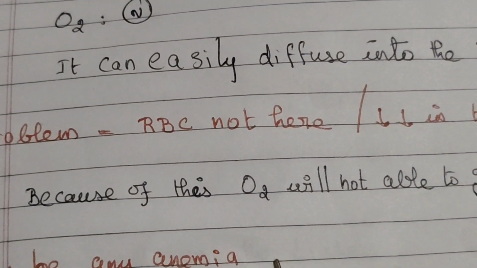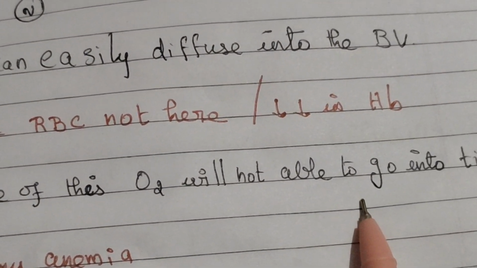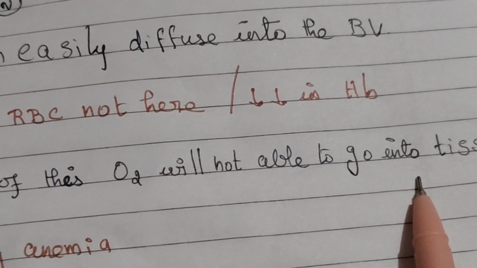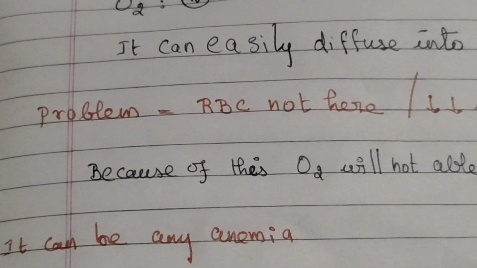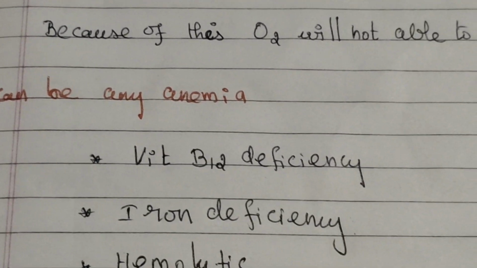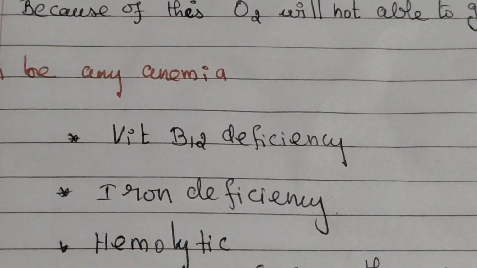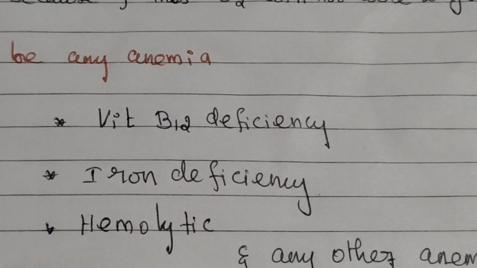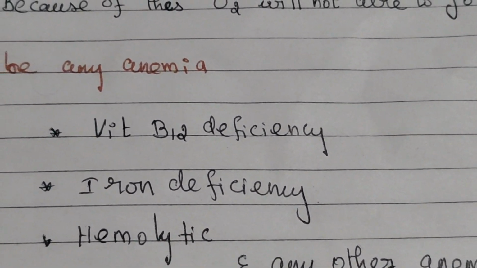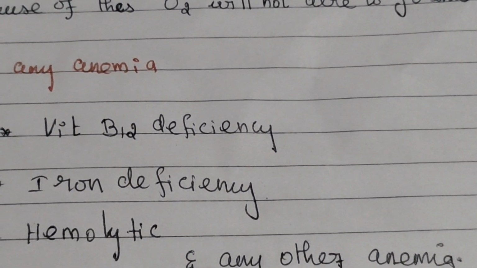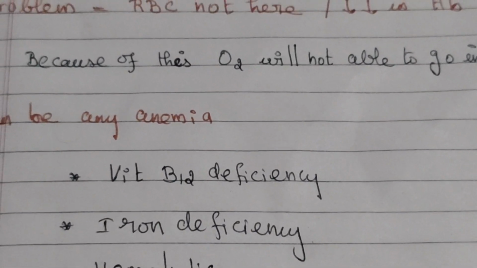Because of this, oxygen will not be able to go into the tissue. It can be vitamin B12 deficiency anemia, iron deficiency anemia, hemolytic anemia, or any other type of anemia.